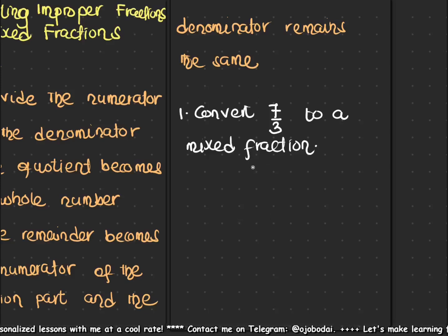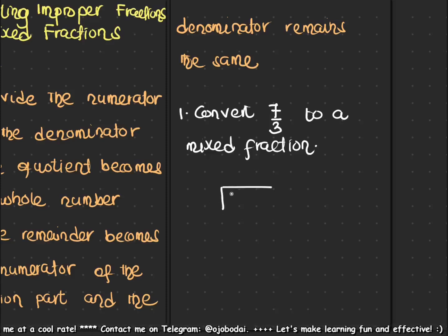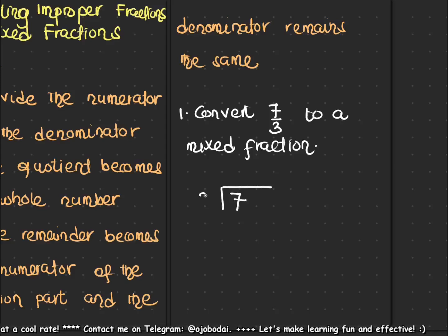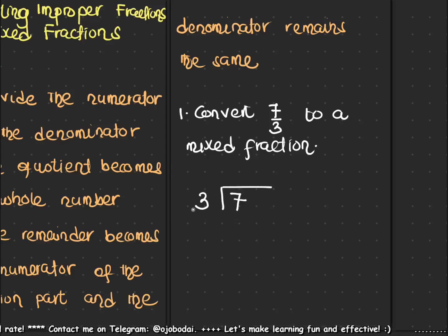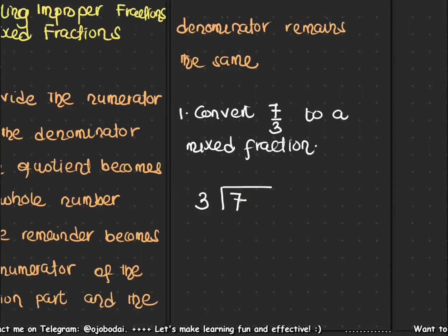So we can use the long division method or any other method you want. That means we are going to divide the 7 by the 3. That is, we are dividing the numerator by the denominator.